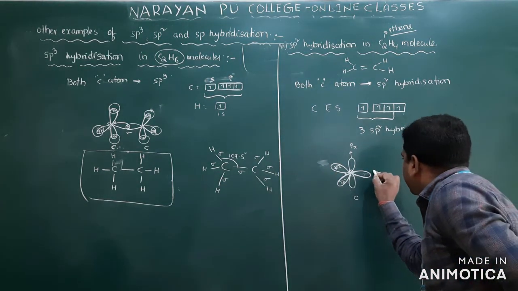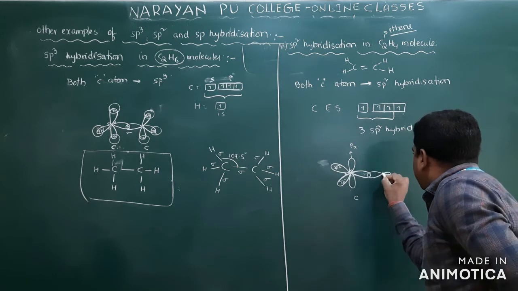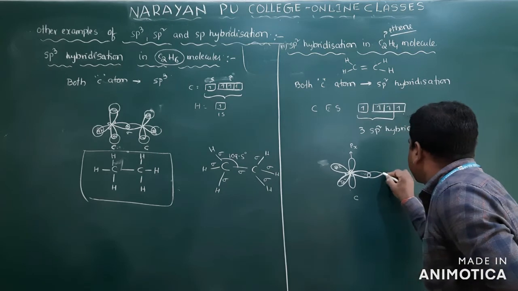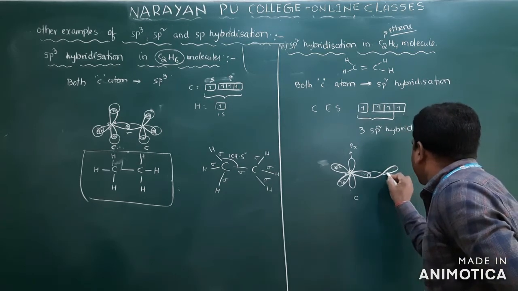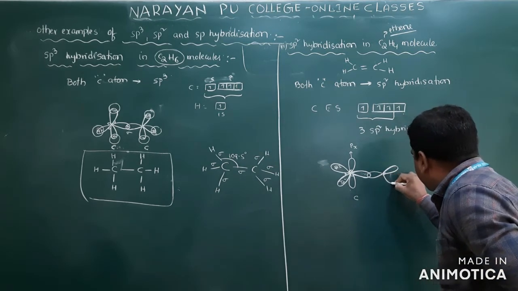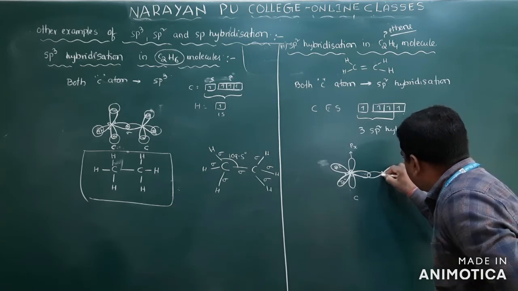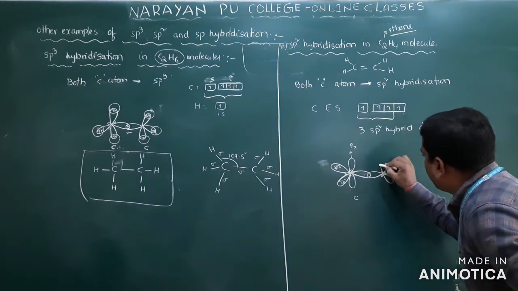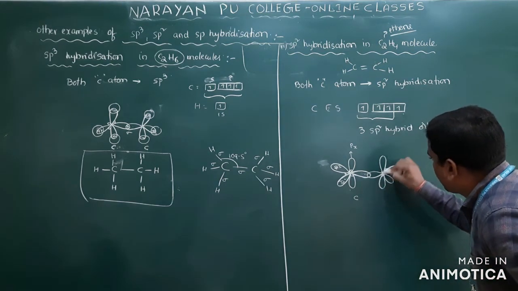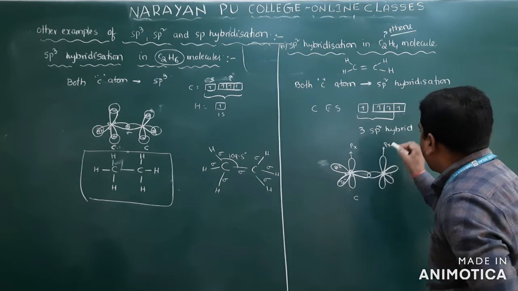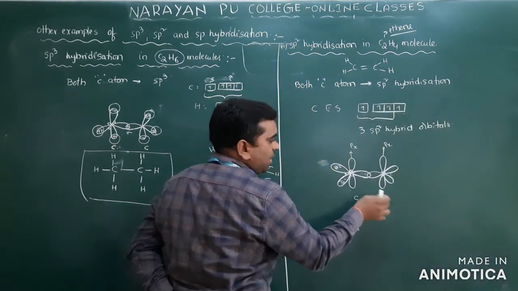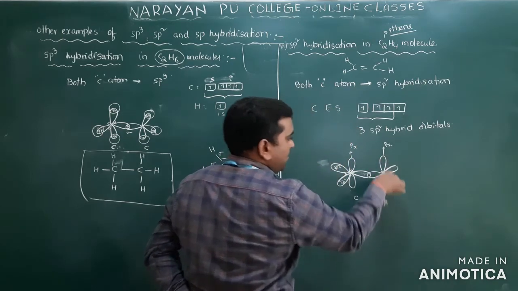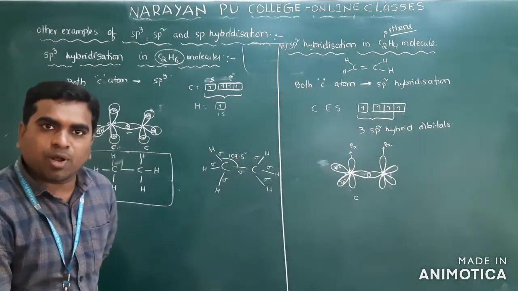This is the three hybridized orbitals. Clear? This also has one px orbital, an unhybridized orbital. These three are hybrid orbitals, and this other one is the unhybridized orbital. Got my point here?